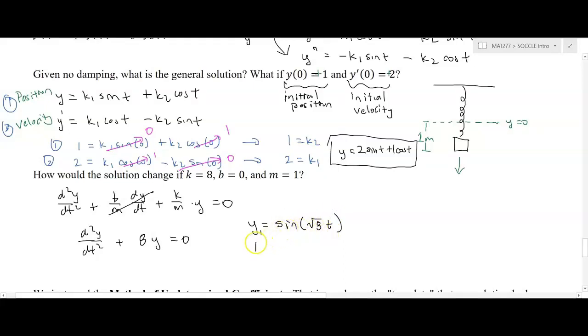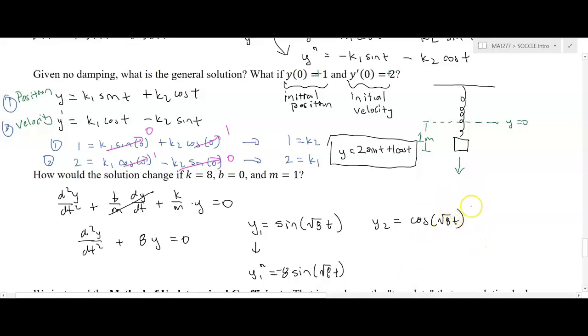And the reason that's going to work is because when you take its second derivative, the square root of 8 will come out two times, and you'll have negative 8 sine of the square root of 8 t. Then negative 8 sine square root 8 t, plus 8 times positive sine square root 8 t, cancel out and give us 0. Also, y2 equals cosine of square root of 8 t. That's also going to work.